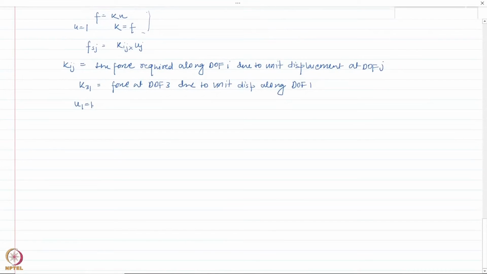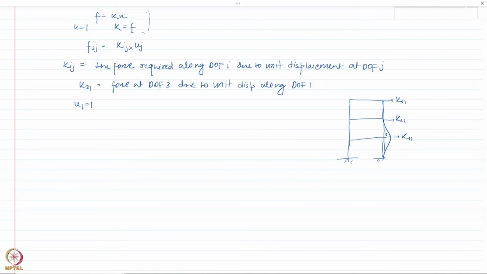Now if you look carefully, let me say I apply a unit displacement U1 equal to 1. So let us say I have this building, and I am applying unit displacement along 1 and keeping others 0. So the shape would look something like this, right? What this basically says is, if I apply unit displacement 1 here, I need to apply a force equal to K11 here, K21 here, and K31 here.